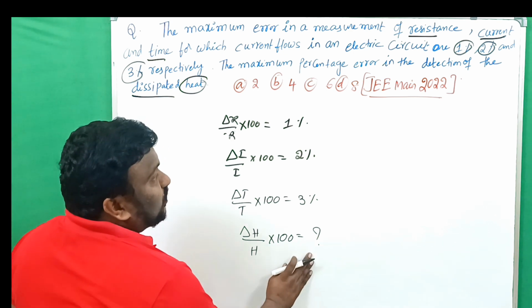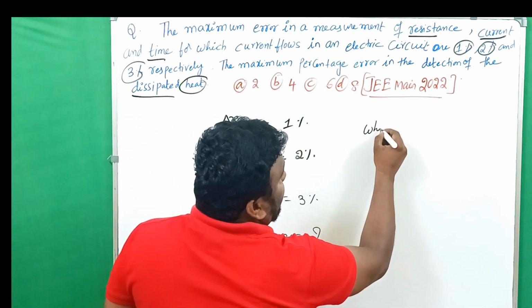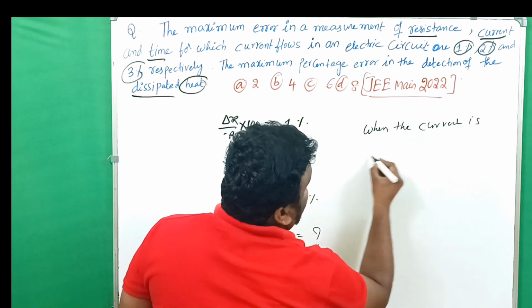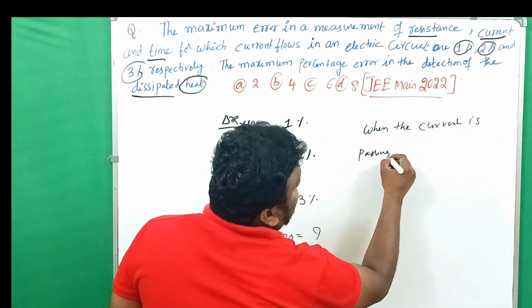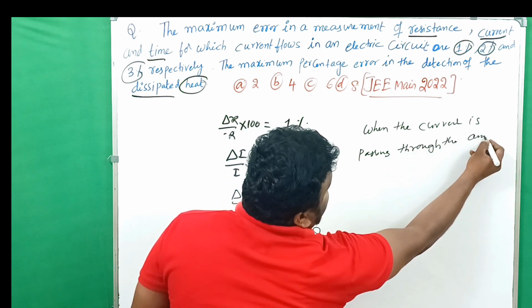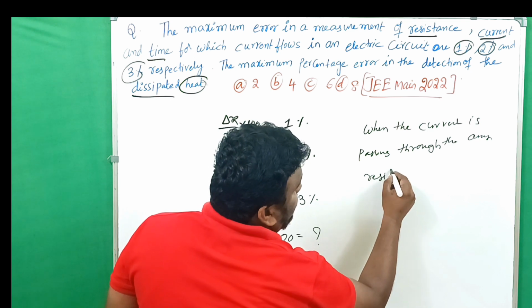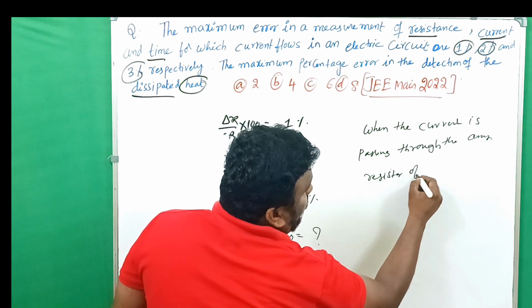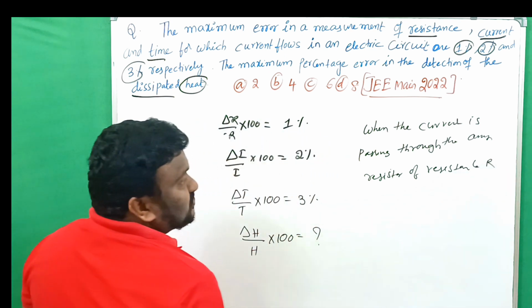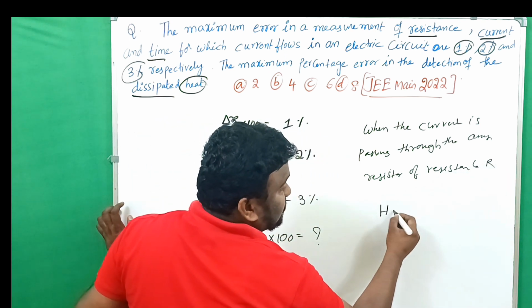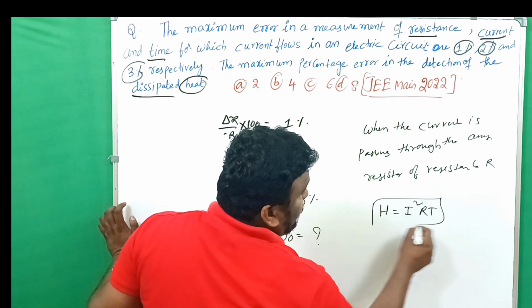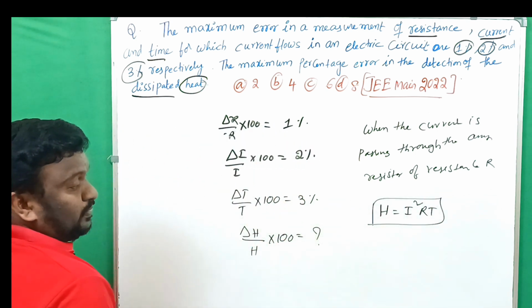We know that when current is passing through any resistor of resistance capital R, the heat is given by the formula H is equal to I square R T.